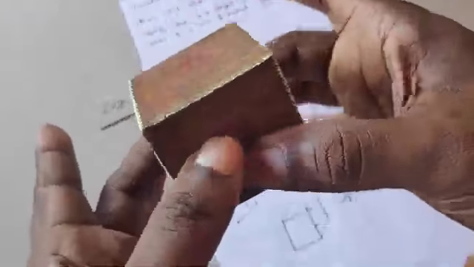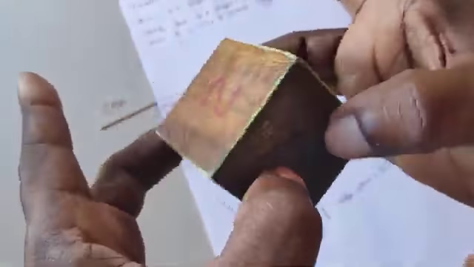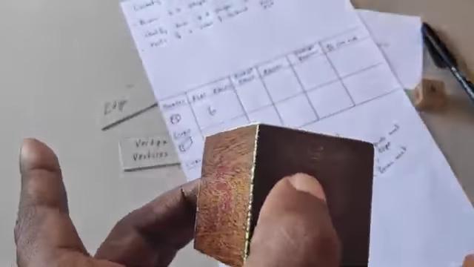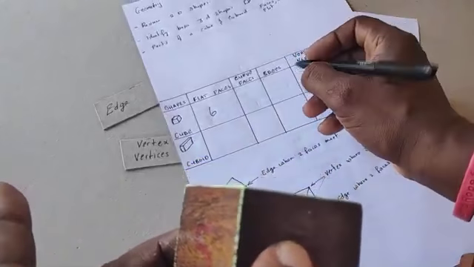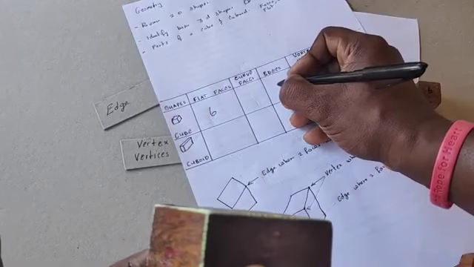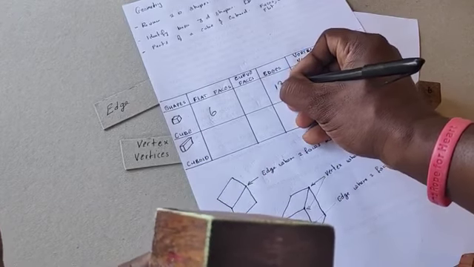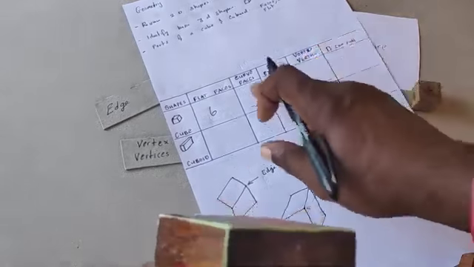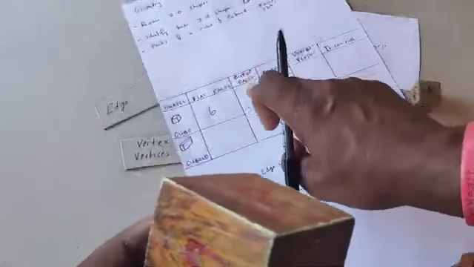Did we mark all? So we can see the cube has 12 edges. The faces are flat, it has no curved edges.